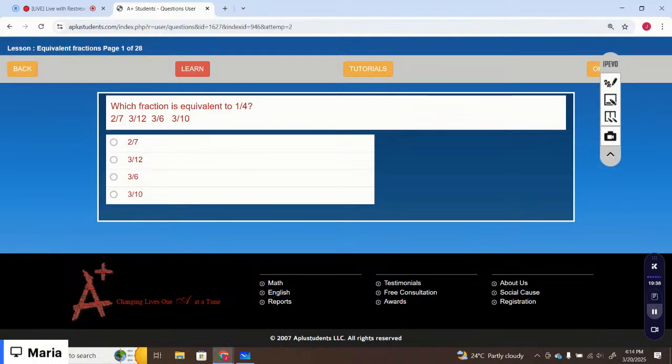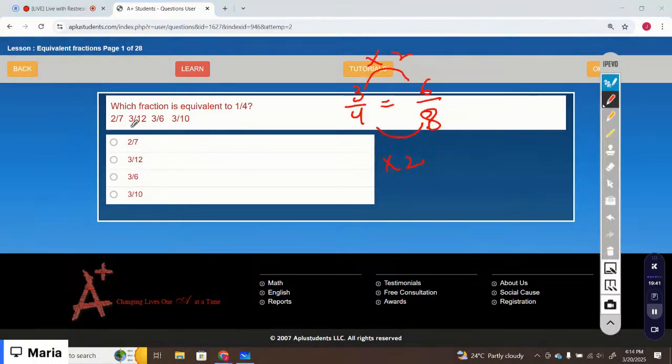So you have to find the equivalent fraction to 1 by 4. Just look at the first one. We have 2 by 7. 1 times 2 is 2. But 4 times 2 is not 7, so that is not the equivalent fraction.